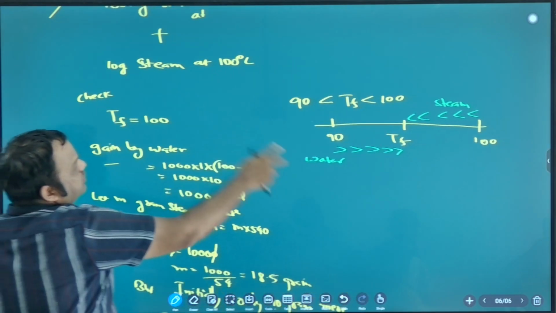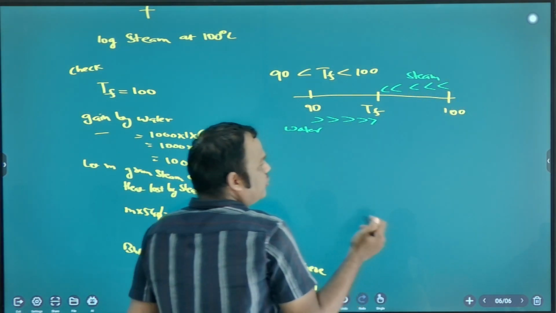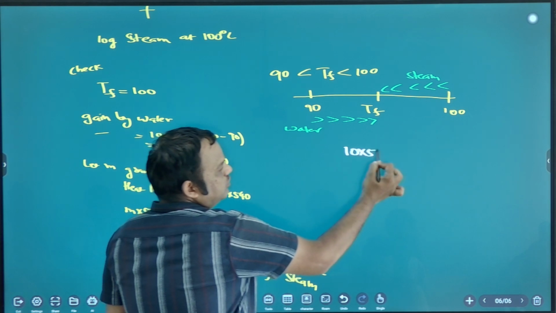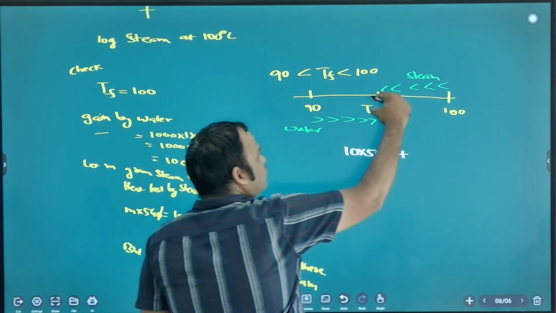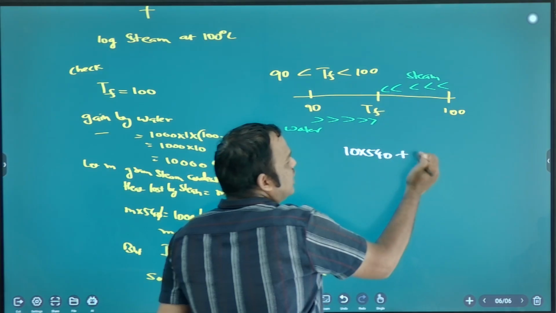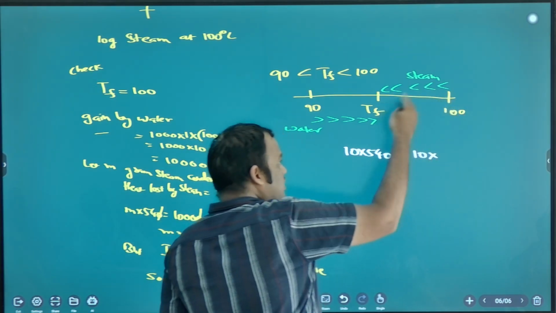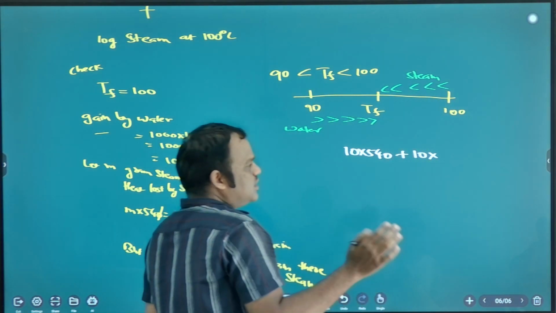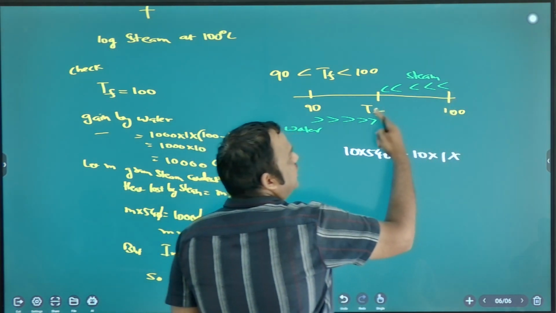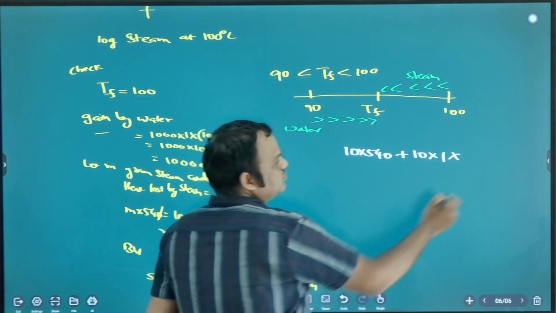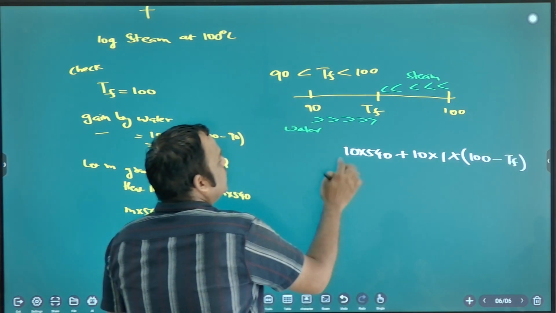When all the 10 gram condenses, how much heat is lost? 10 into 540. Now the steam, after condensation, is water going from 100 to TF. So ms delta t is 10 into 1 into 100 minus TF. This is the heat lost by steam.